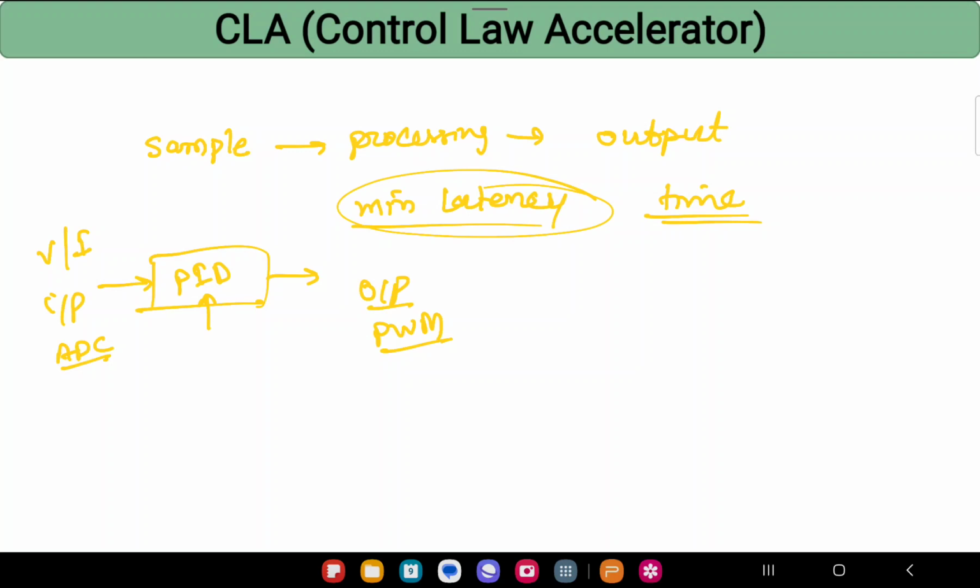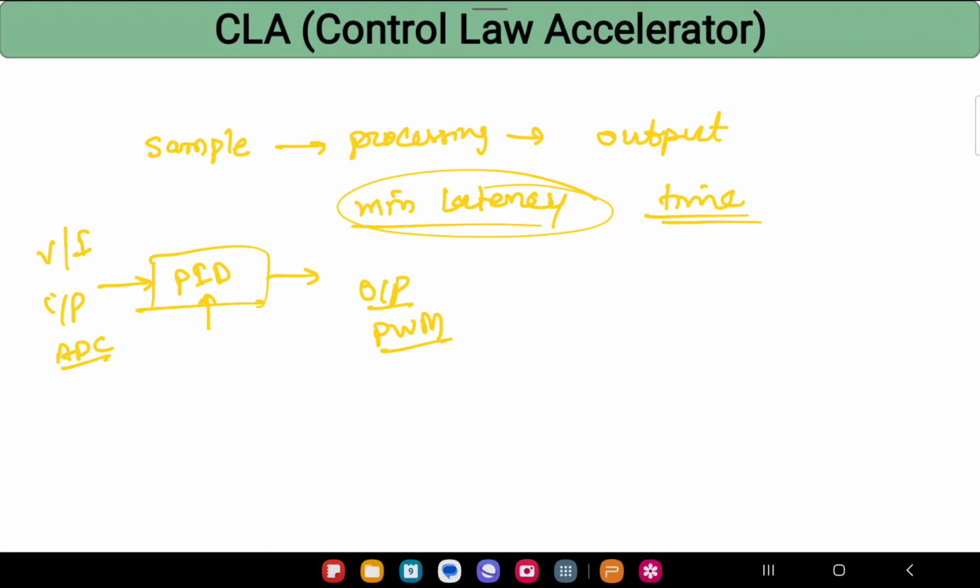Many advanced control systems would greatly benefit from an architecture that integrates these functions in such a way as to minimize latency and provide the absolute minimum sample to output delay. So whenever you are giving the inputs and getting the output with minimum latency, that kind of architecture would be of great benefit.